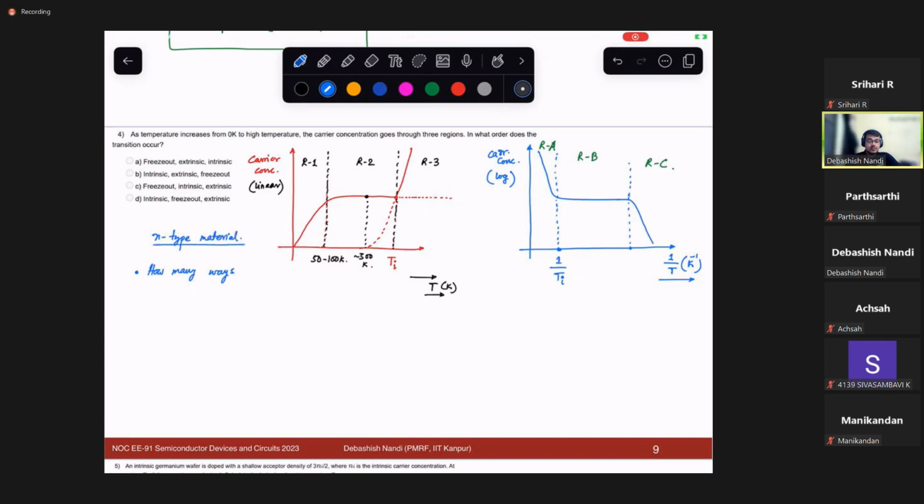N-type material has more number of electrons, right? Yes, sir. More number of electrons in.